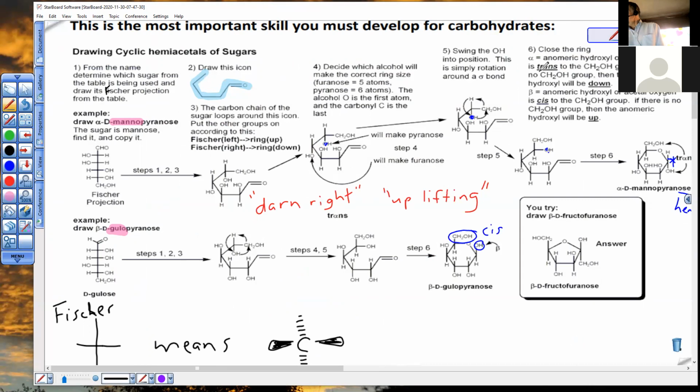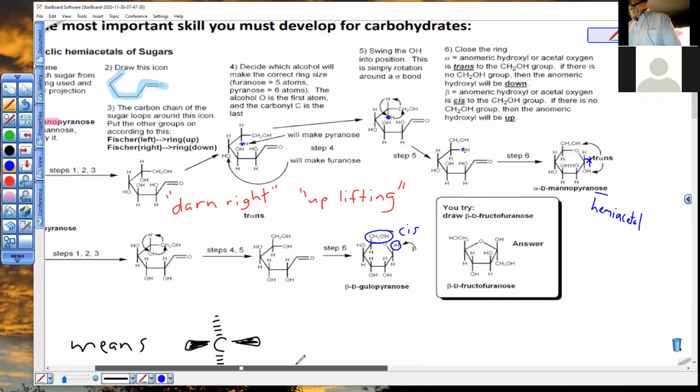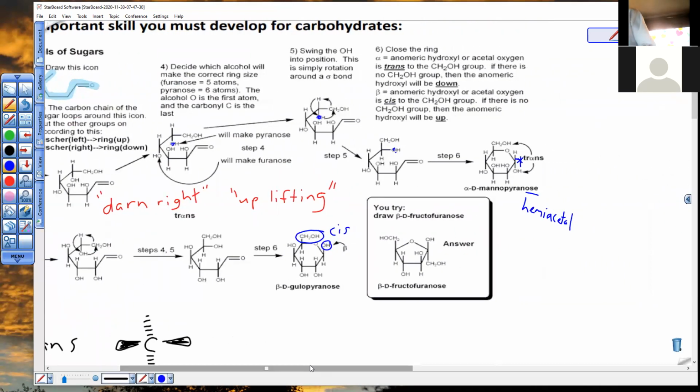If there is no CH2OH group, then the anomeric hydroxyl will be down for D sugars. I gotta edit this. This handout's a little on the old side. So there's your biology definition for D sugars, which covers like 99.9% of all the sugars.